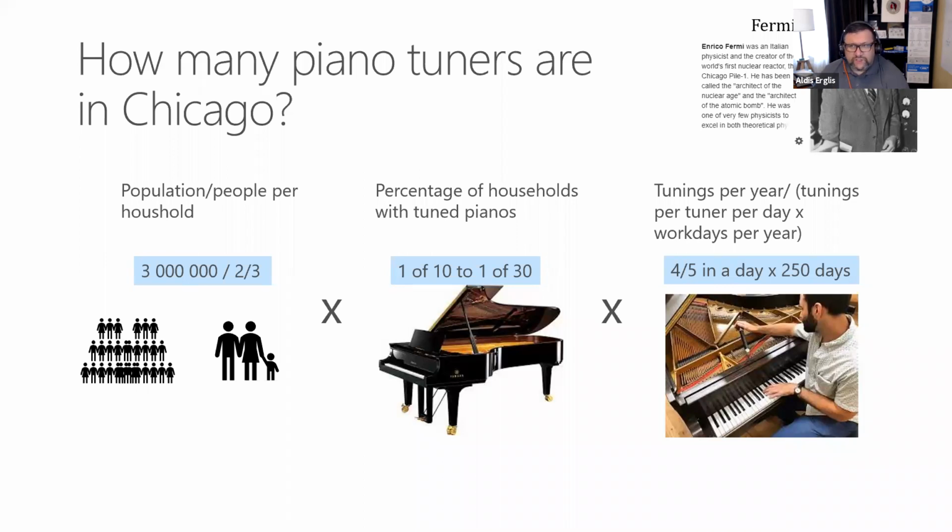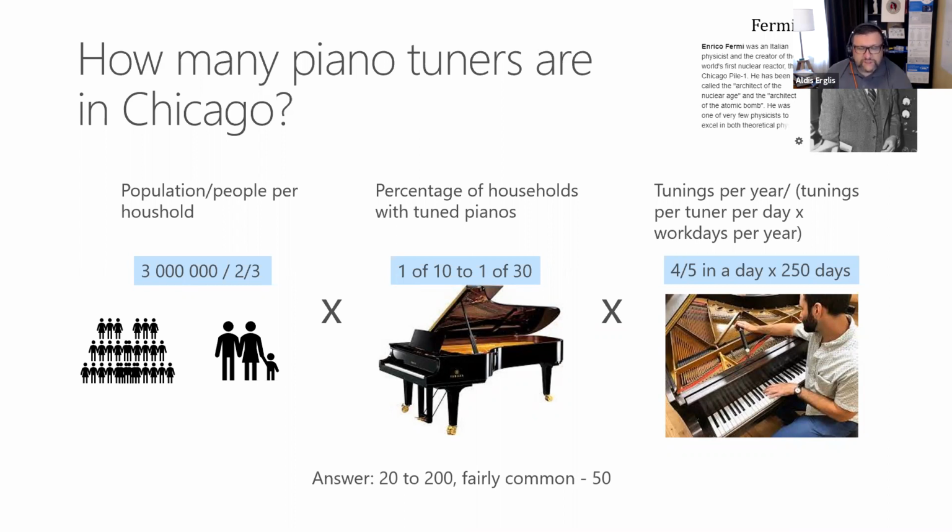Then you need to understand how many tunings could be done during the year. You get an answer like between 20 and 200, and a fairly common answer, which is very close to the real figure, is 50.